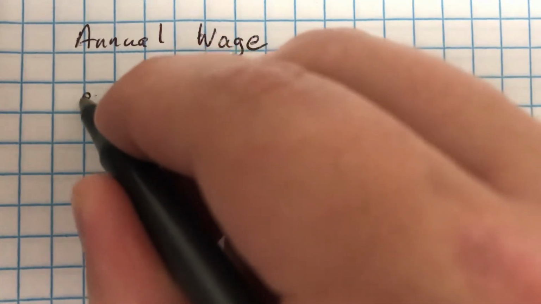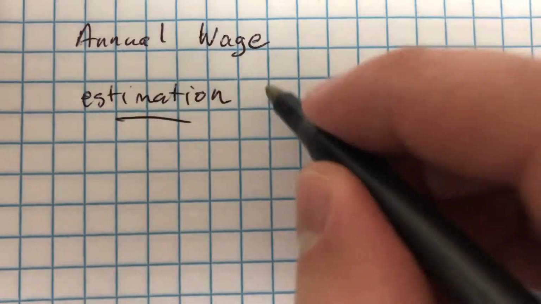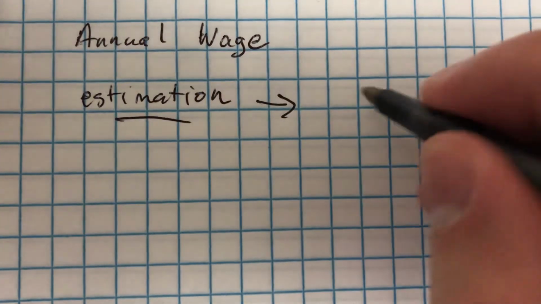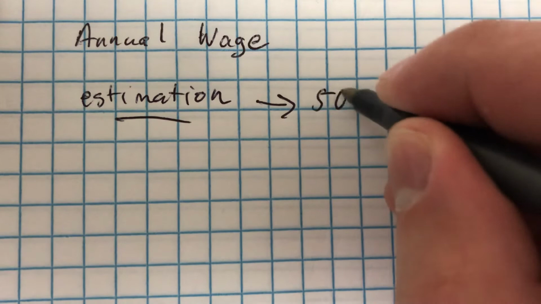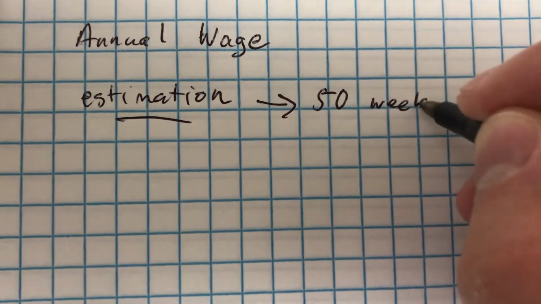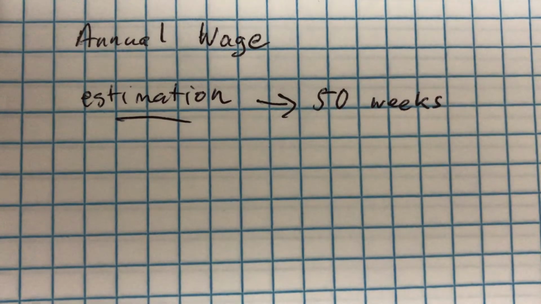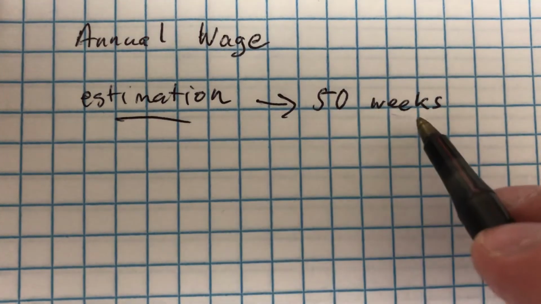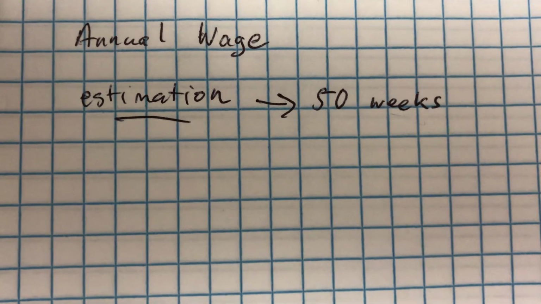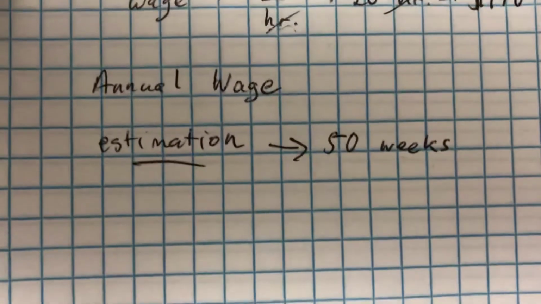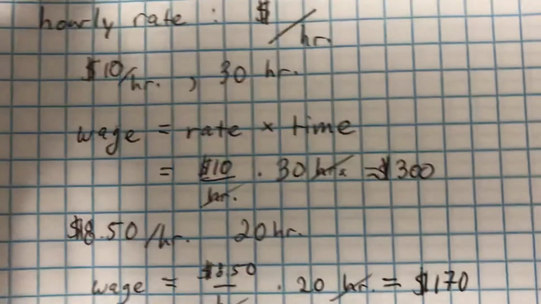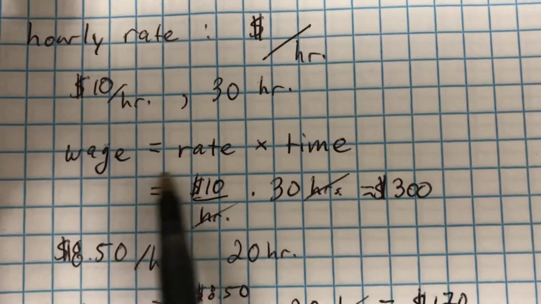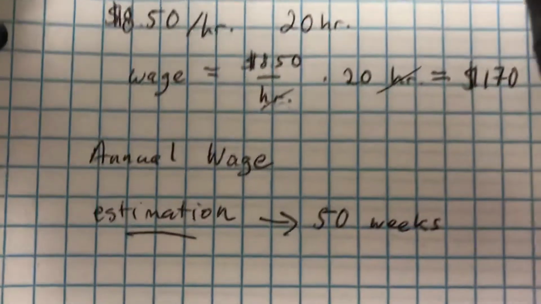And as an estimation, let's say we're only working for 50 weeks. So this accounts for unpaid vacation and maybe unpaid sick time, okay? This is just an estimation. We're working 50 weeks. Well, let me take my bait shop job up here, where I would make $300 in a given week.